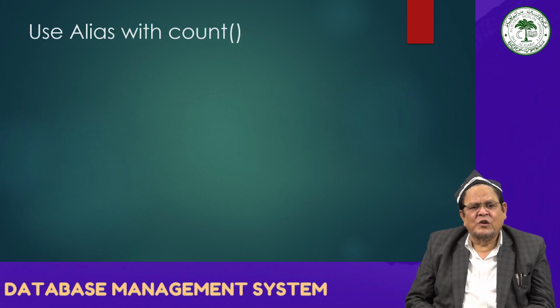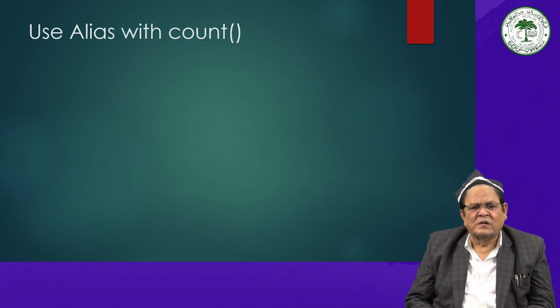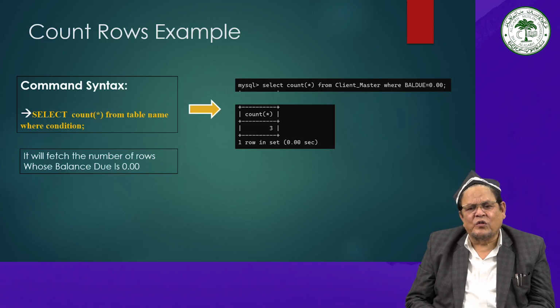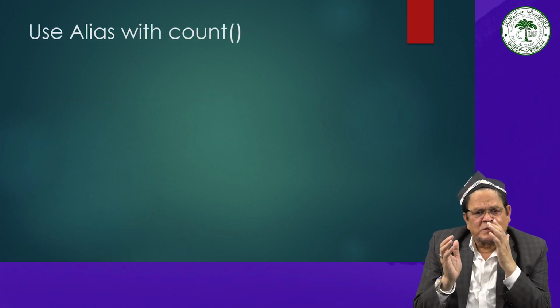Next, you can use an alias with count. In the before example, you have used count for client master. You can use an alias with count.